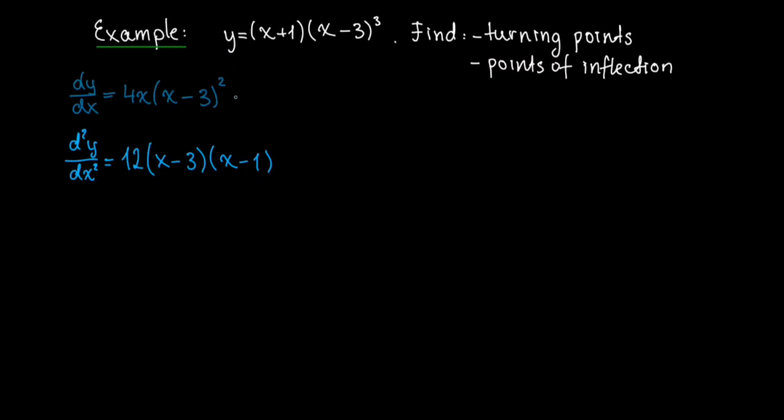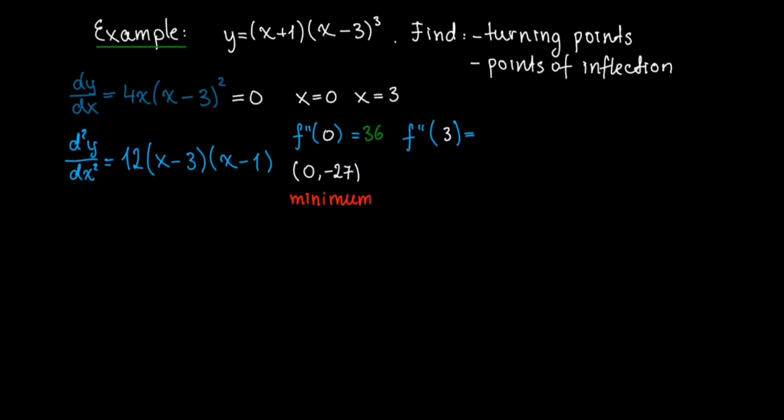So now, solving the first derivative equal to 0, we get x equal to 0, or x can be equal to 3. And then we apply the second derivative test in order to classify whether these points are maximums or minimums. At 0, the second derivative is equal to 36, which is a positive value telling us that at x equal to 0, we have a minimum point.